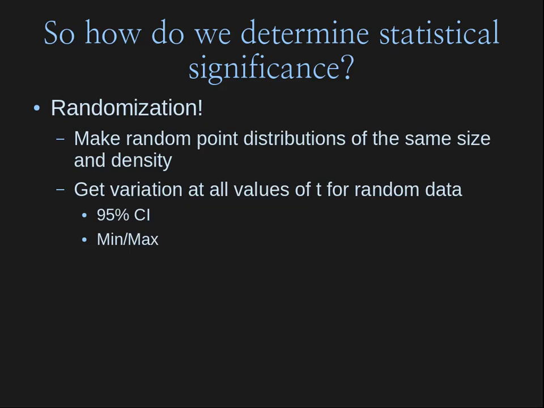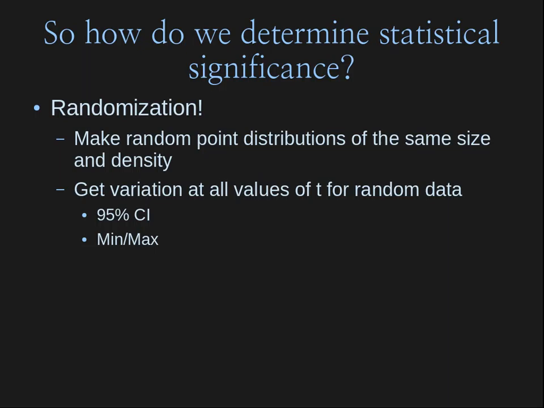We keep the same sampling area, keep the same number of points, but just randomly throw them out there, and then calculate the L statistic again. This is how we do it with the K statistic as well. Then for each value, we get the variation that we can see in this statistic as we move out.